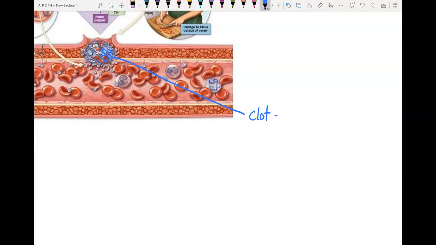So a clot is a web of fibrin, which is a protein, and it traps formed elements, like bugs getting trapped in a spider web.